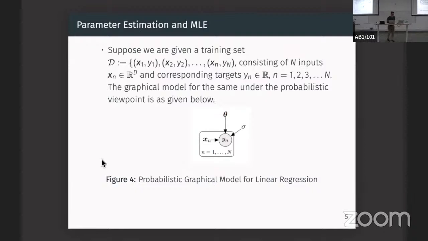So that's why I want you to understand IID very nicely before we go on to non-IID based settings. So this is indicating that for each xi, yi pair, you can generate the data as follows. yi is a function of xi and theta, and then you add the observation noise sigma.